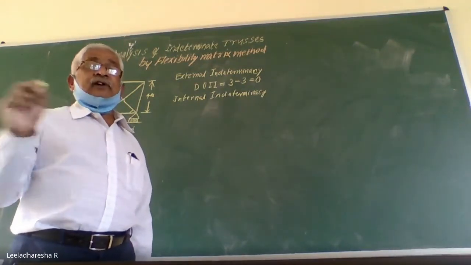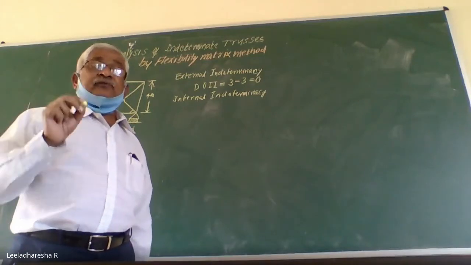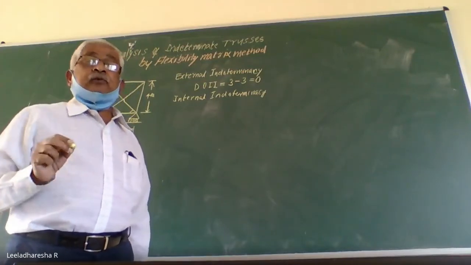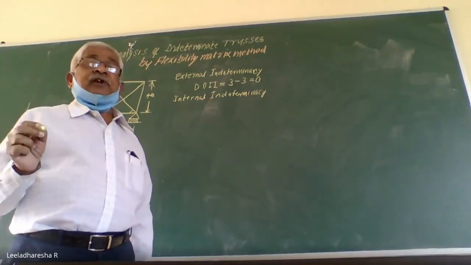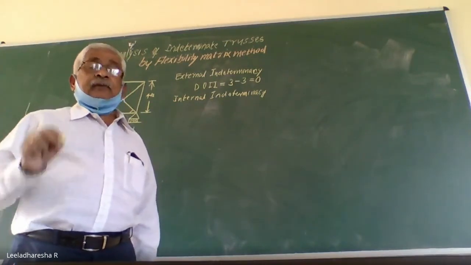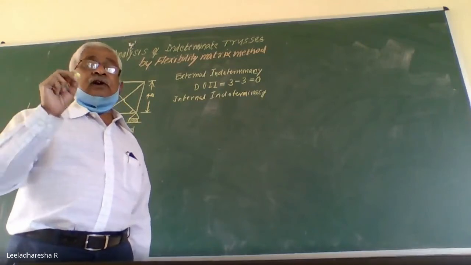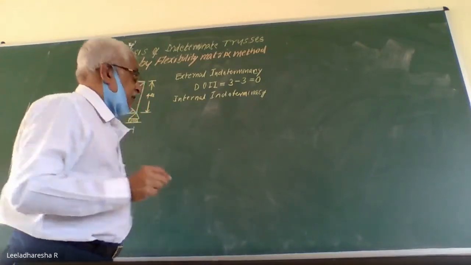If they are equal, we say it is a perfect frame or a determinate one. If n is greater than 2j minus 3 in any particular truss, then it is an indeterminate structure.